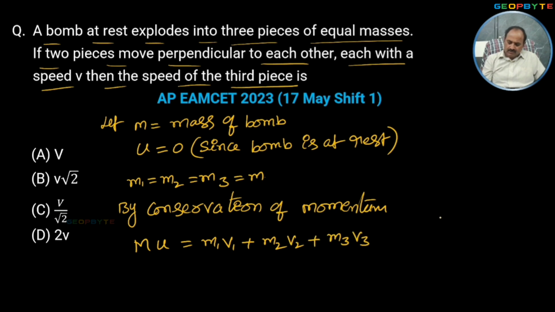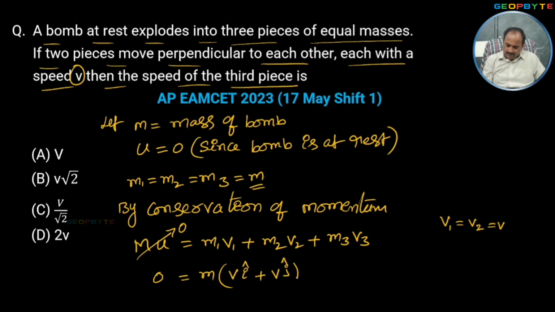It is given that two pieces are maintaining equal velocities, means V1 equal to V2, that is equal to V. Since U equals 0, this part is 0. 0 equals M1 equal to M2 equal to M3 equal to M, times V i cap plus V j cap plus V3. That V3 you need to find.